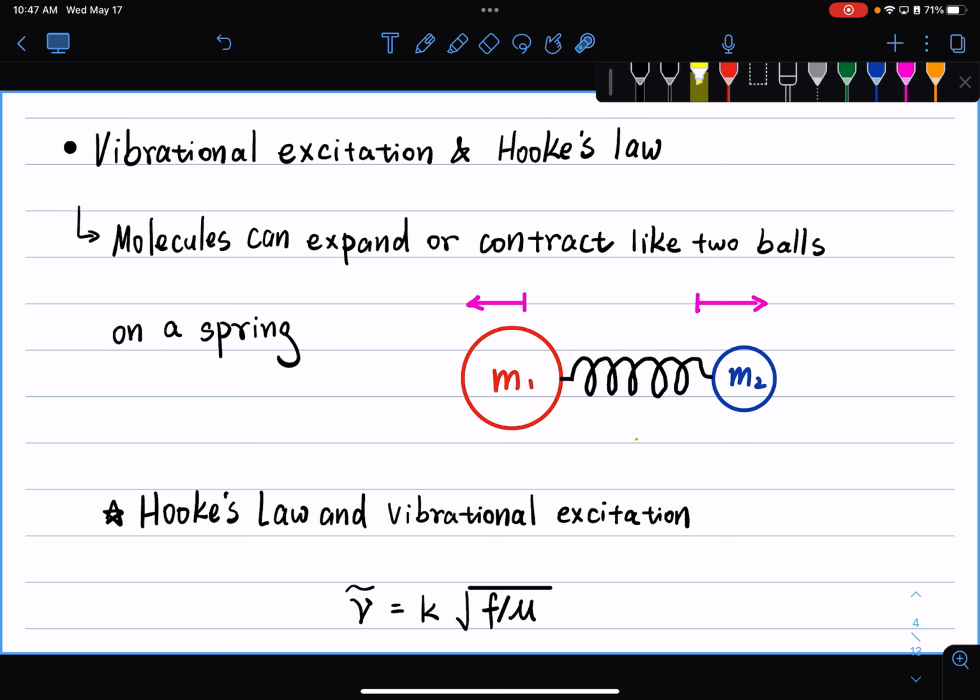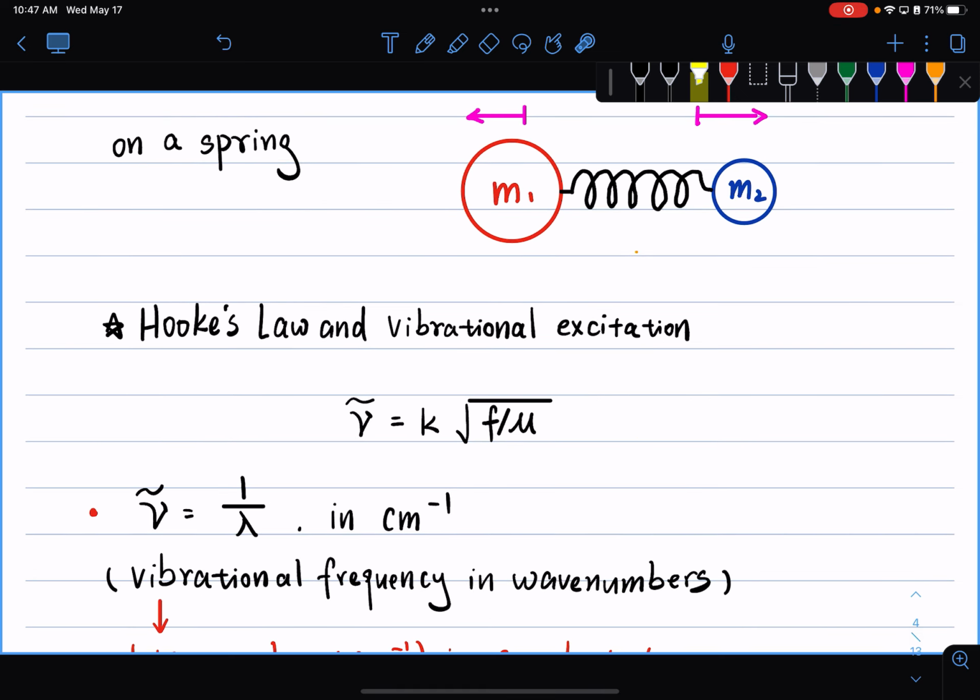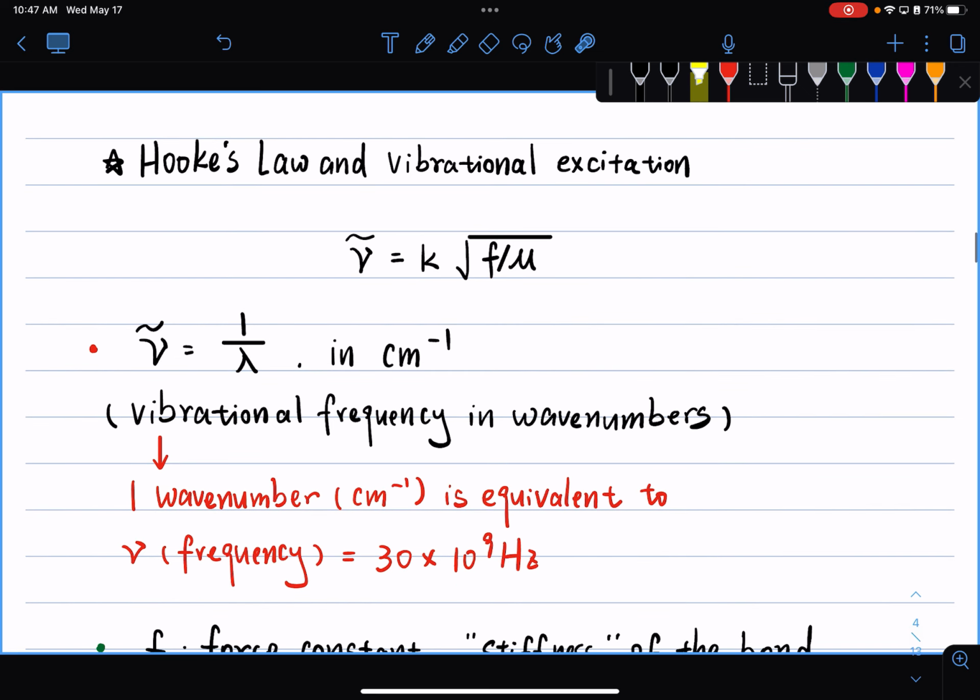Because it is a little spring, we can use Hooke's law to rationalize what these vibrational energy states are. You can imagine two little balls attached to the same spring, and we're using Hooke's law to rationalize what that looks like. In Hooke's law, we have several different terms. We'll just look at the left side, the wave number.